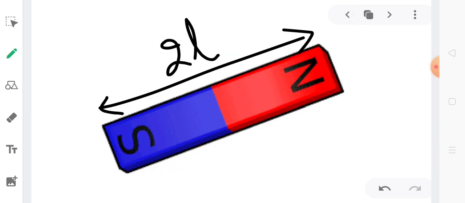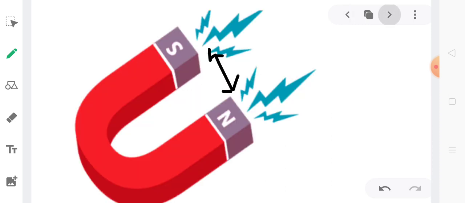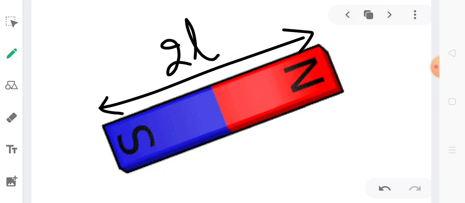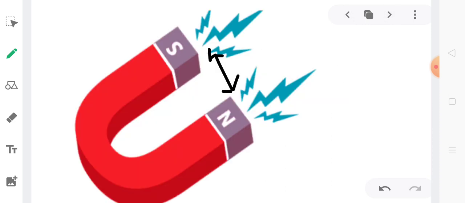Just compare it with the bar magnet, and then the U-shaped magnet. See, the separation is so small. So obviously the horseshoe magnet or a U-shaped magnet is going to be much stronger in comparison to a bar magnet, solely for the reason that the gap between the two magnetic poles is minimum in case of a U-shaped magnet.